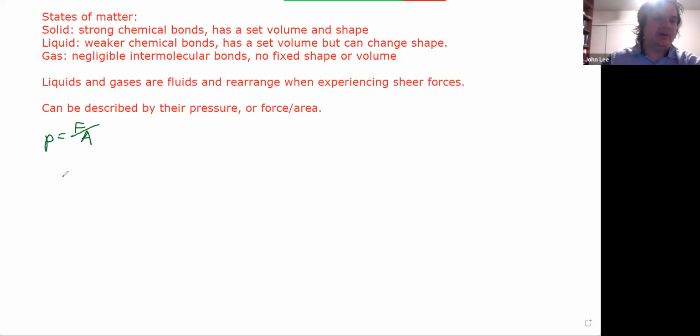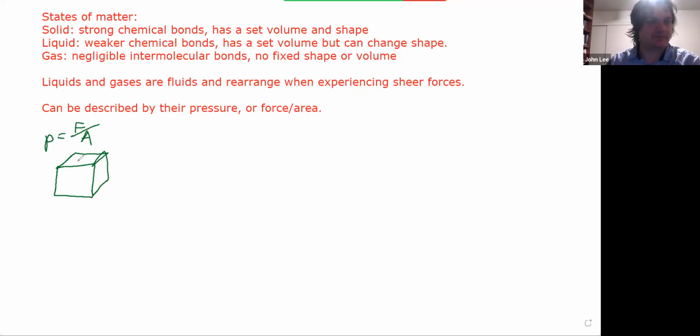But with fluids such as water, we can have a cube full of water in a container of water. And what we're going to find is that the pressure of the water depends on how deep you're going, which is also something that you see if you're swimming a lot.